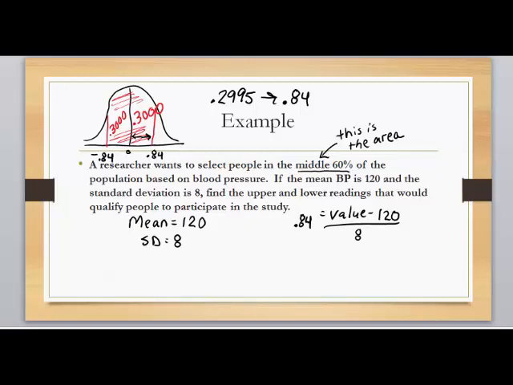All right, so now I'm ready to solve it. Remember that you're solving it like you would solve an algebra equation where you're trying to get the value by itself. So the first thing that you need to do is you need to get rid of the fraction. So we'll do that by multiplying both sides by 8. So 8 times 0.84 gives me 6.72.